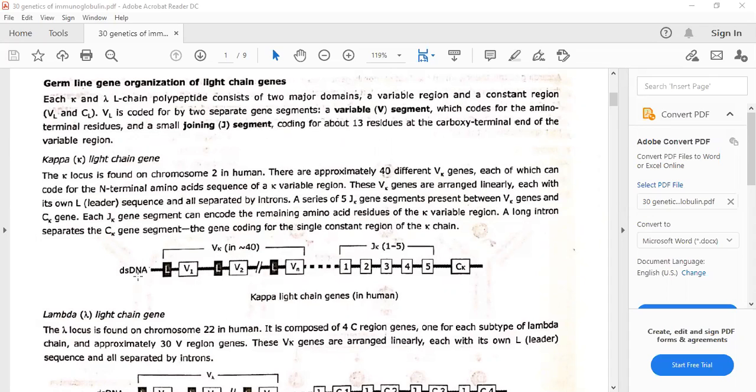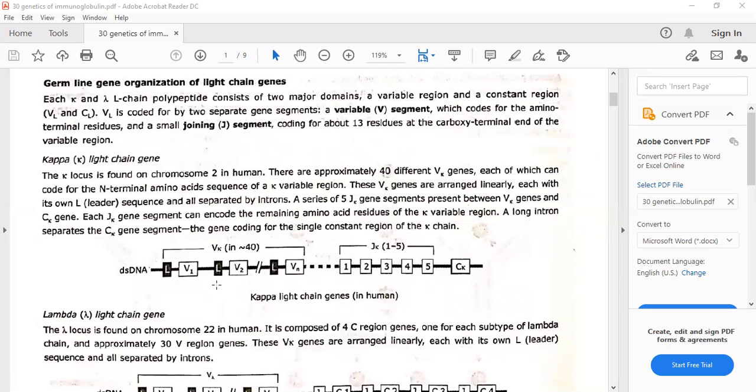So this is the double stranded DNA, and this is the light chain part. In this light chain part, there are two regions: first the V segment and second the J segments. Only these segments will decide which kind of antibody will be there.